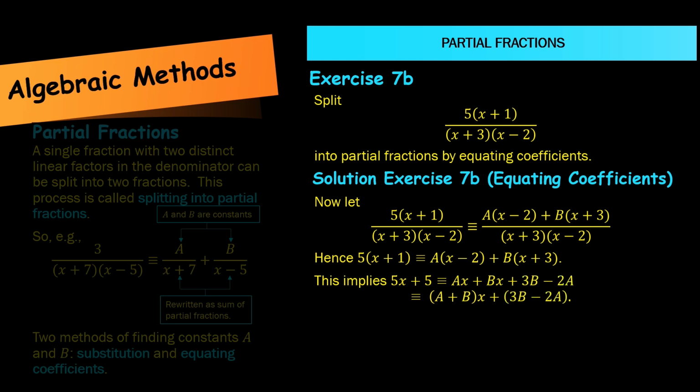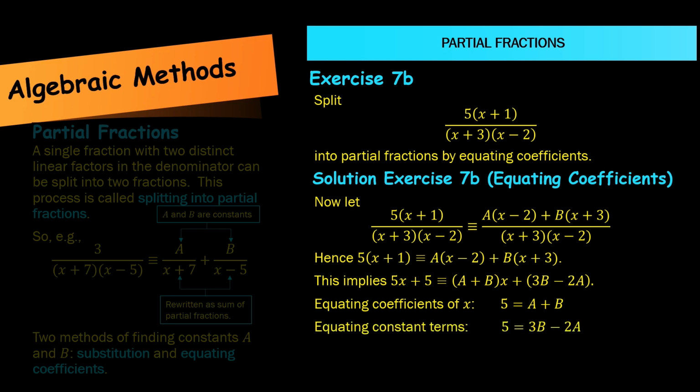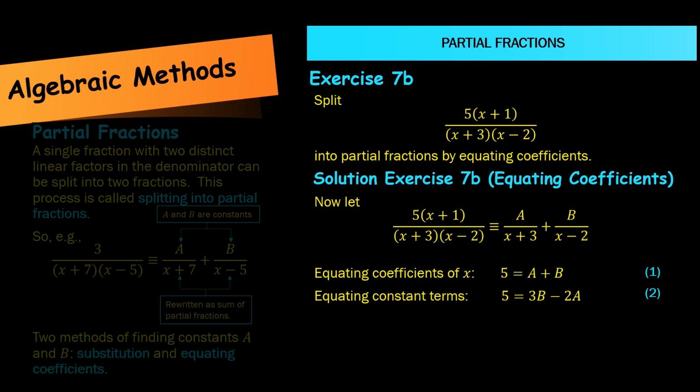So equating the coefficients of x, we have 5 equals a plus b, and equating the constant terms, we have 5 equals 3b minus 2a. Here are the coefficients of x, and here are the constant terms. We're going to call these equations 1 and 2.